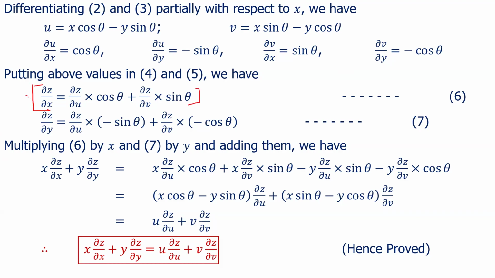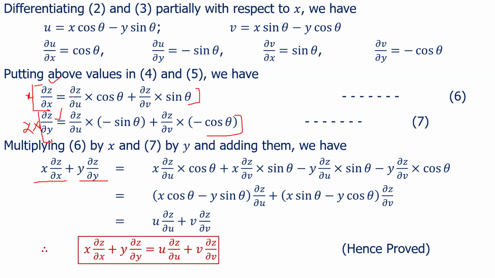Now we multiply equation number 6 by x and the other by y, to get x del z del x plus y del z del y. So we multiply this by x, multiply this by y, and add them.